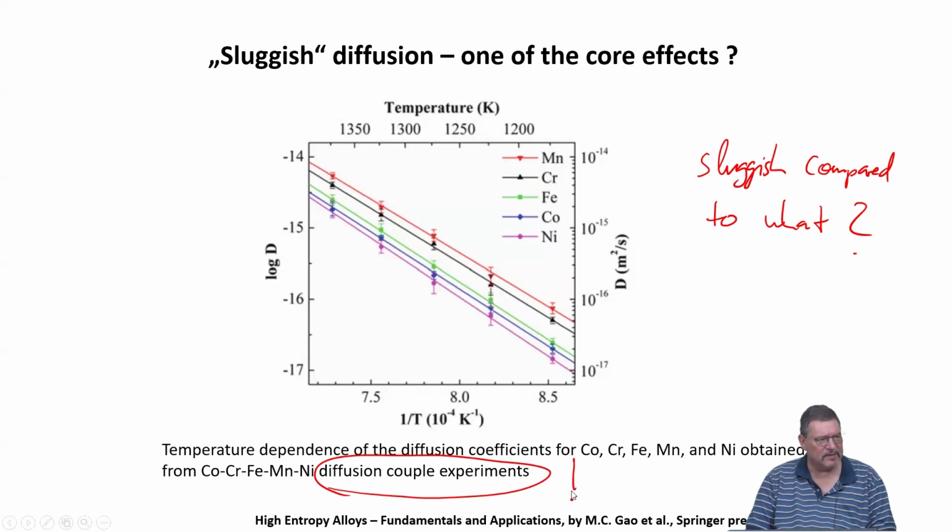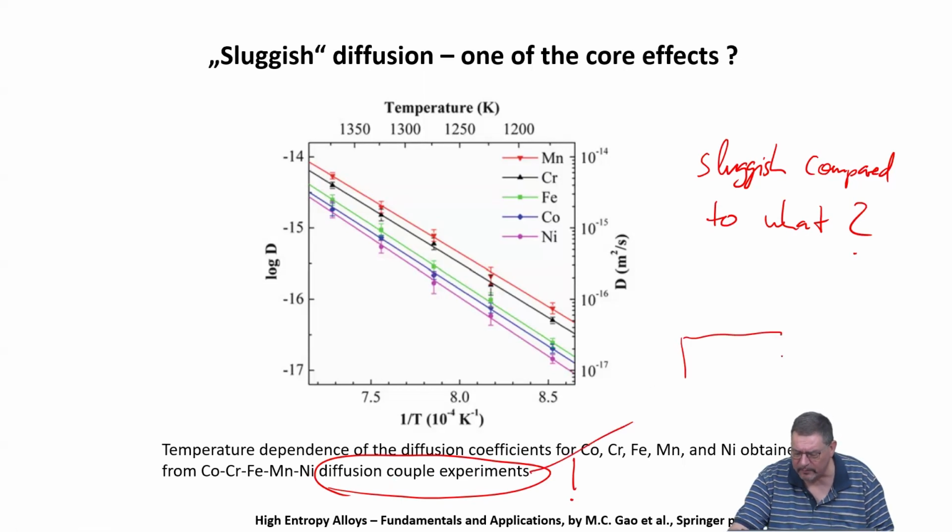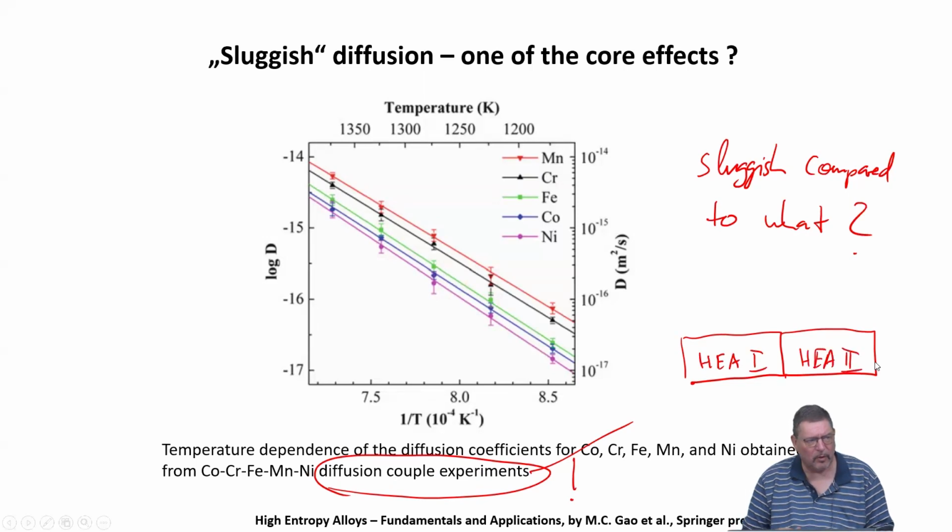So there were 2 blocks of material, both of different composition, placed together, annealed, and then the constituent element distribution was investigated across the former interface.